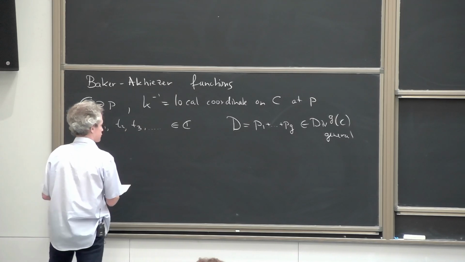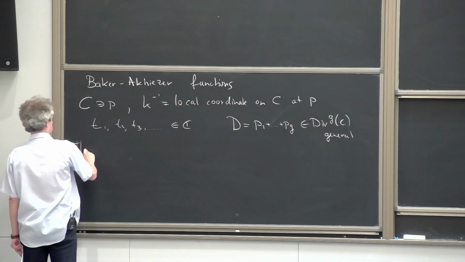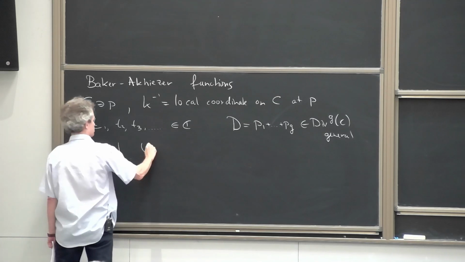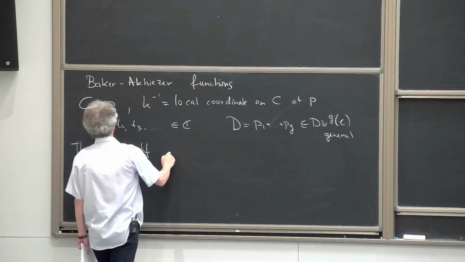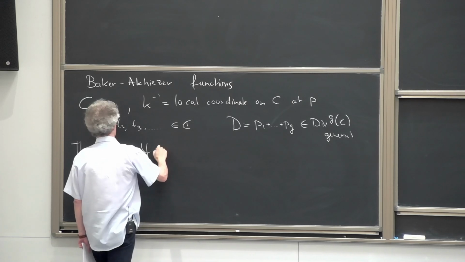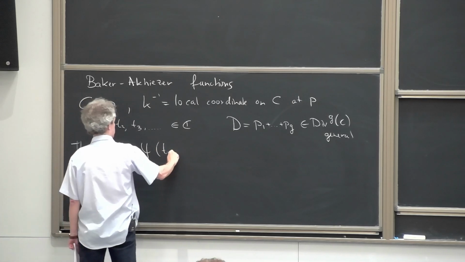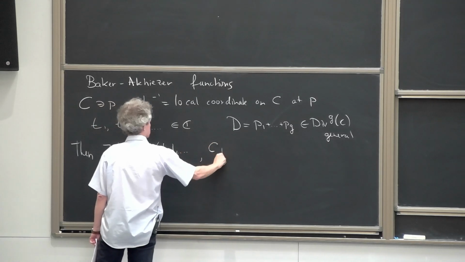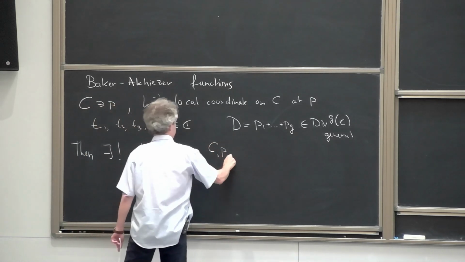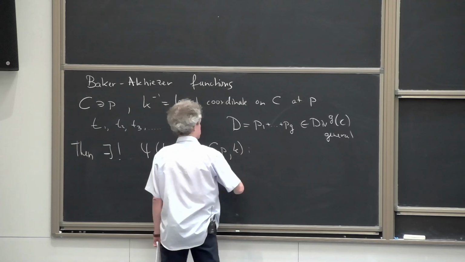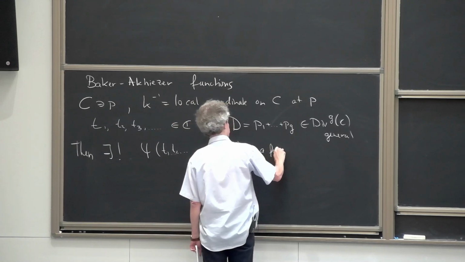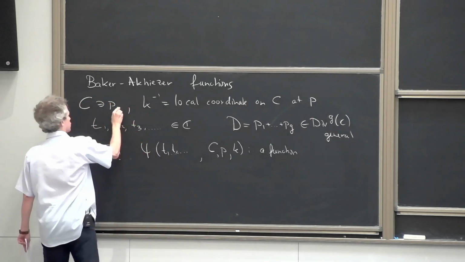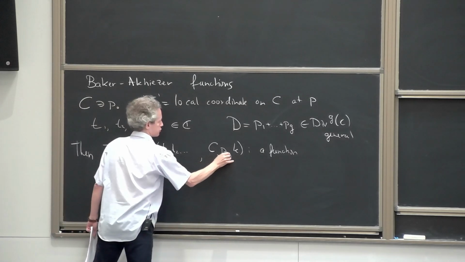Okay. Then there exists a unique Baker-Akhiezer function psi, which is now psi of t1, t2, and so on, C, P, k. And what this is, is a function. Let's maybe put a node here, because I think I'll be confused very quickly.